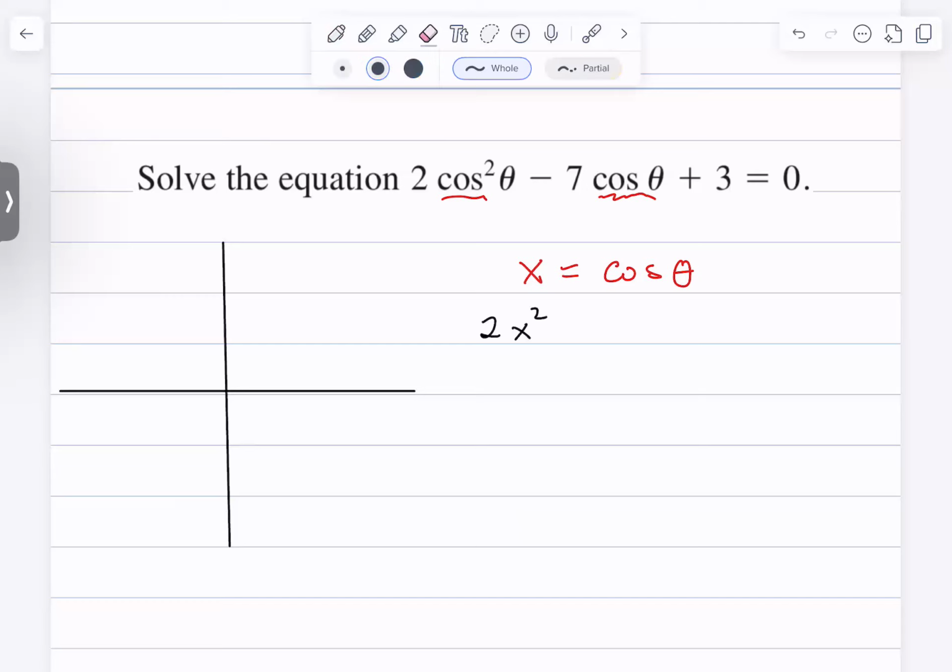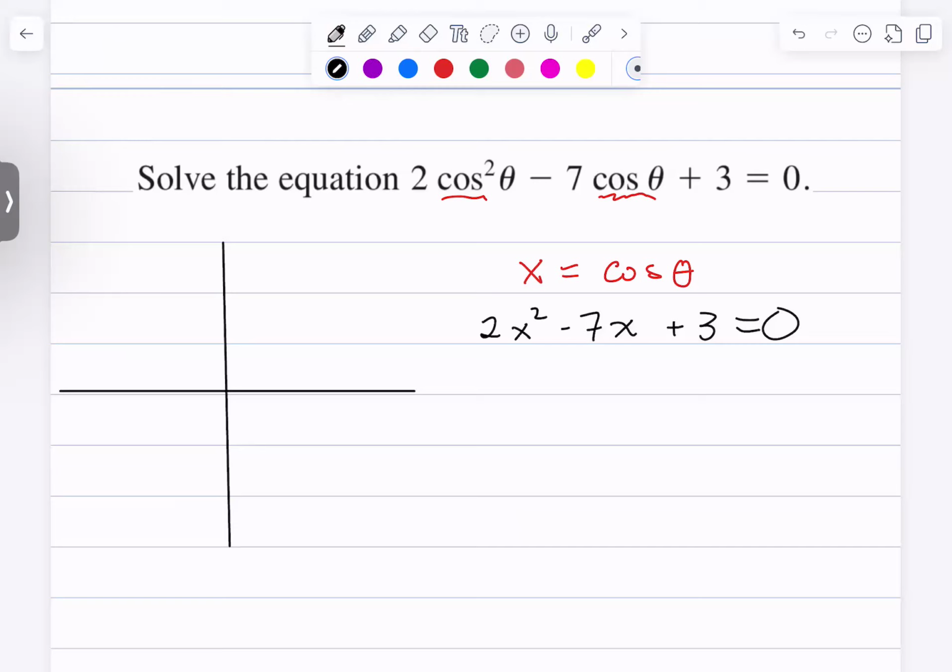Correct? Minus 7 x. Instead of cosine, I want to plug in x. Plus 3 equals 0.